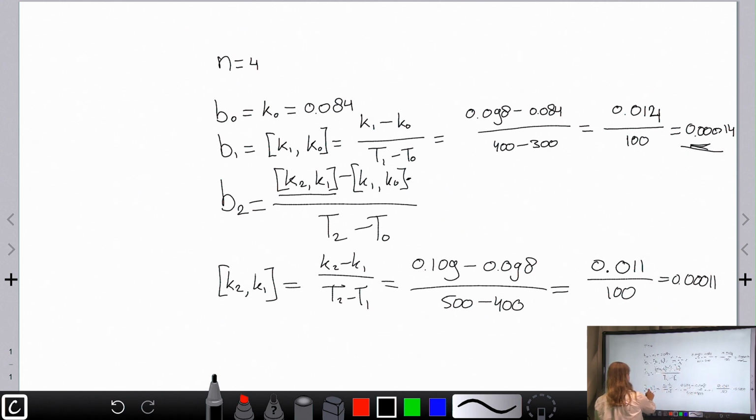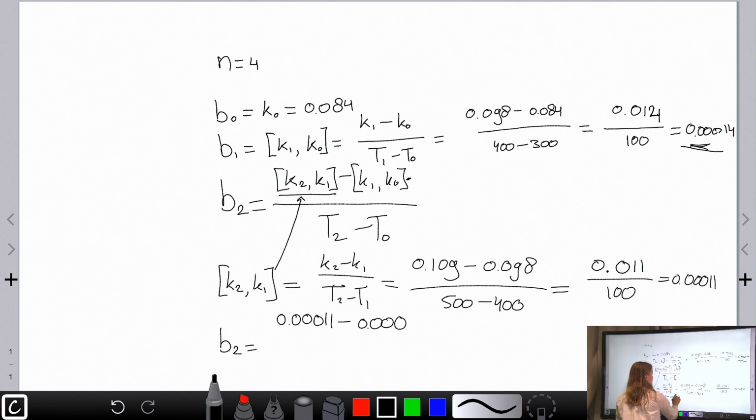Now we can plug this in to this expression for B2. So this is going to be this. And finally we can calculate this coefficient B2 by just 0.014 divided by 500 minus 300.